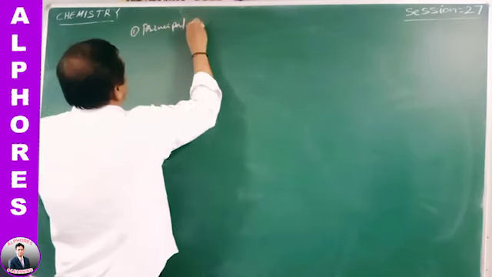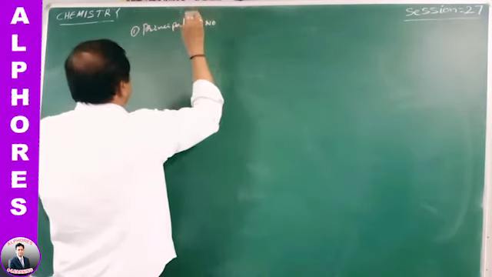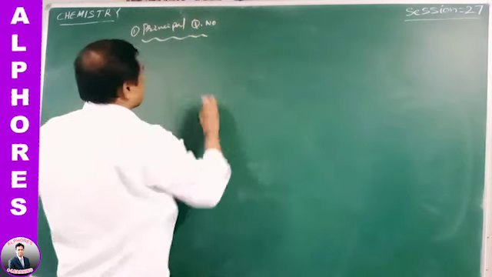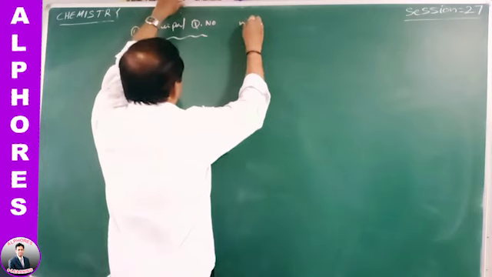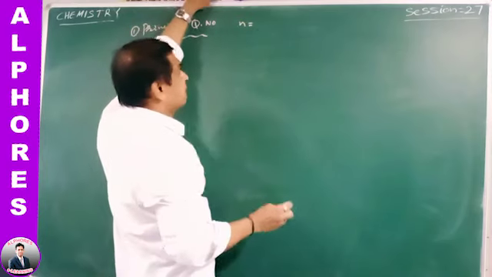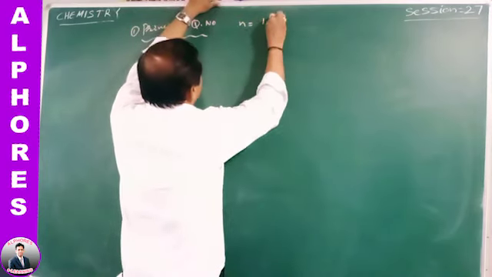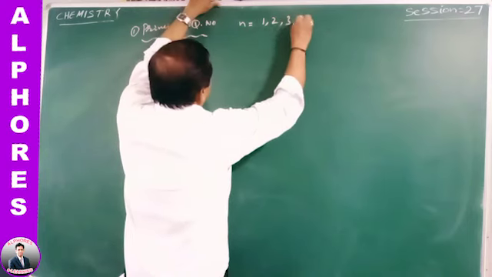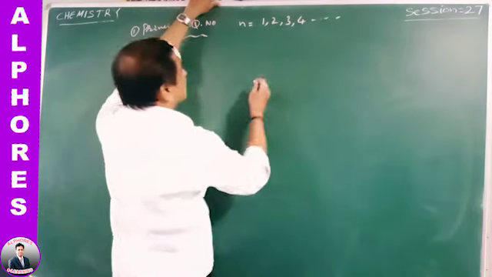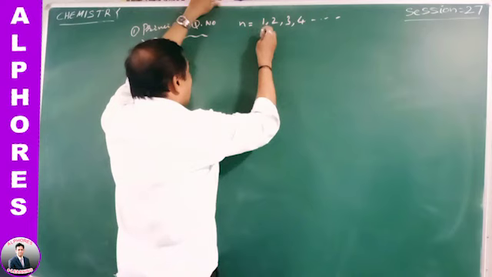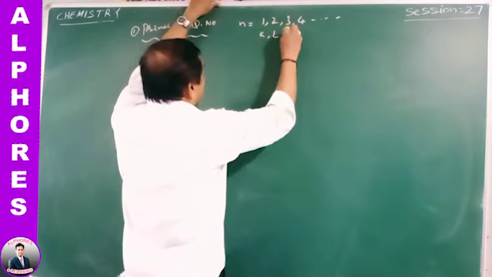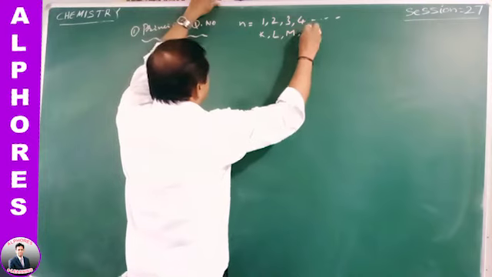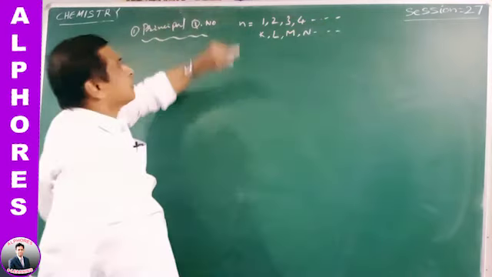The principal quantum number is denoted by the symbol n. N values, that means the number of orbits, are 1, 2, 3, 4 and so on, that is K, L, M, N orbits.